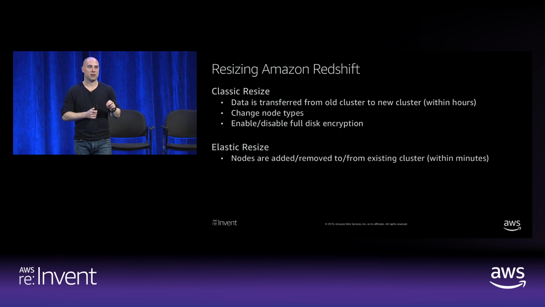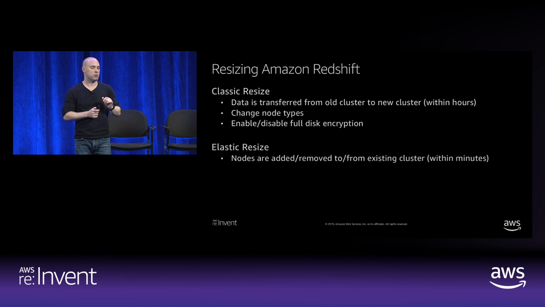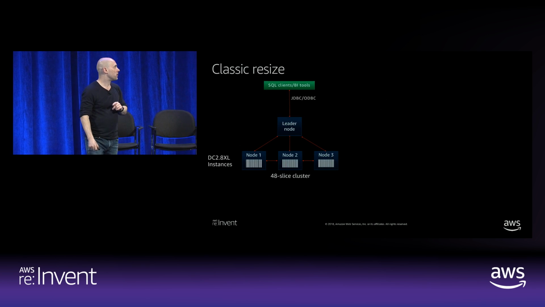One other interesting thing you can do with it is enable or disable encryption on your Redshift cluster using that resize. The new elastic resize adds and removes nodes from an existing cluster, so we're not doing the whole data transfer thing. I'll illustrate both of these.